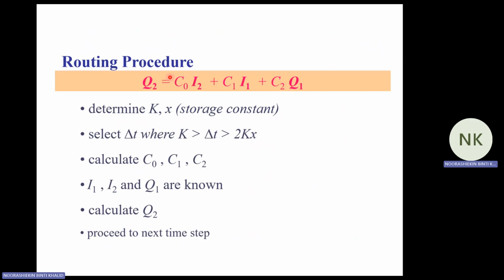Using this equation, find out Kx, and then select delta time, and calculate C naught, C1, and C2. Then find I1, I2, and Q1, and calculate Q2.